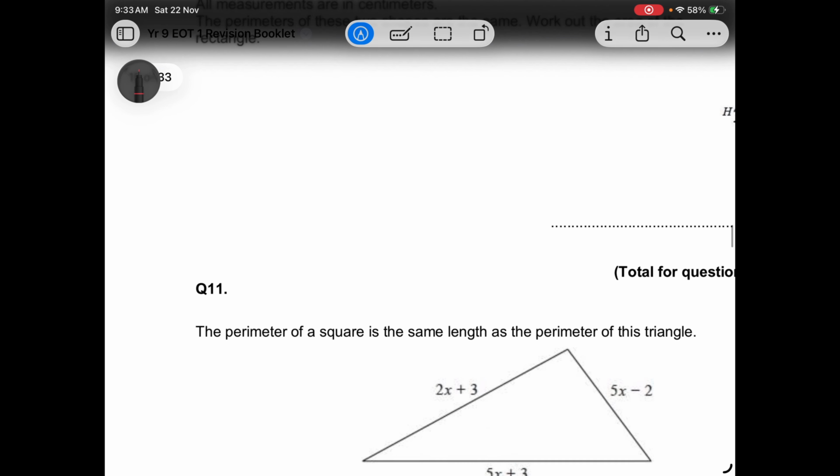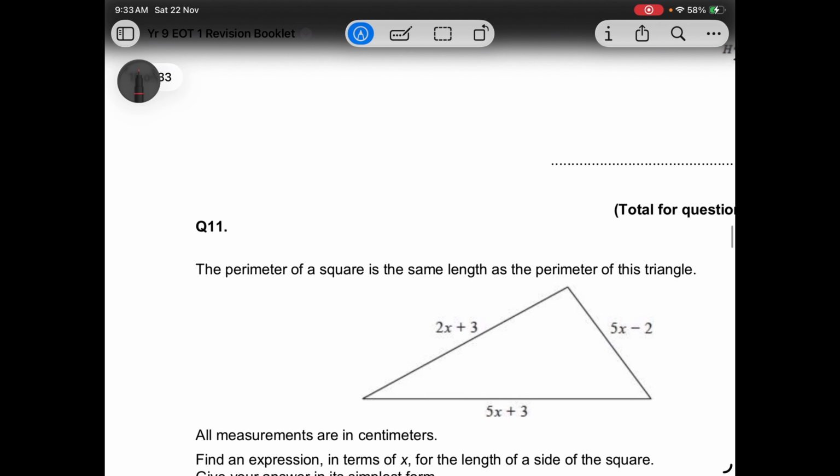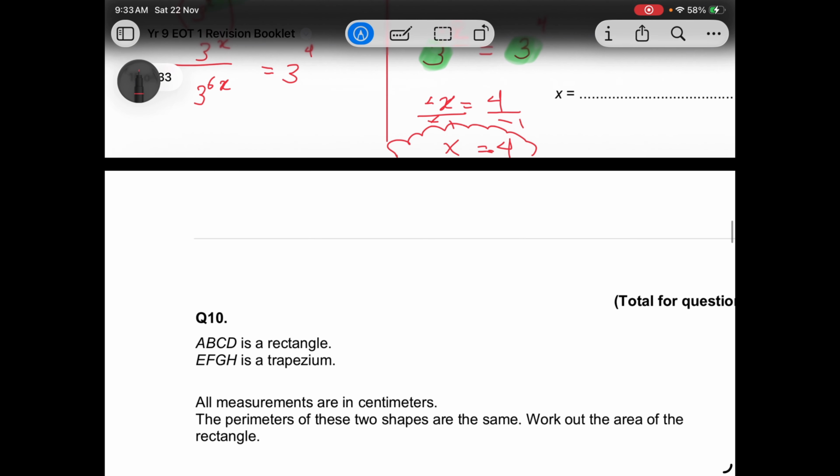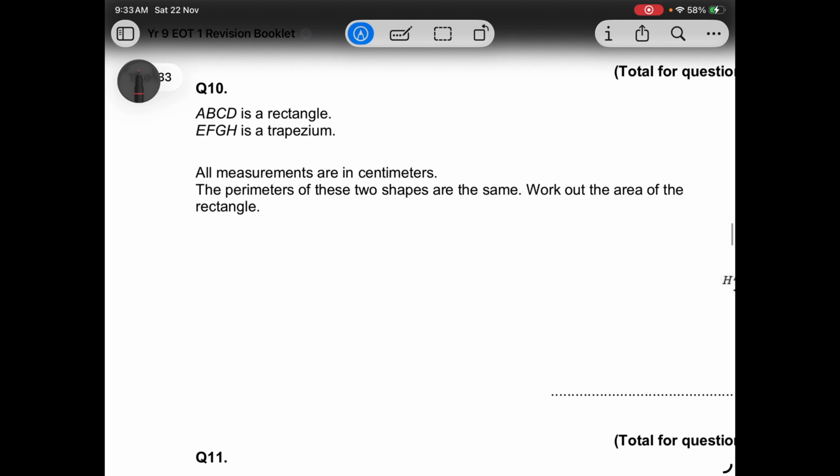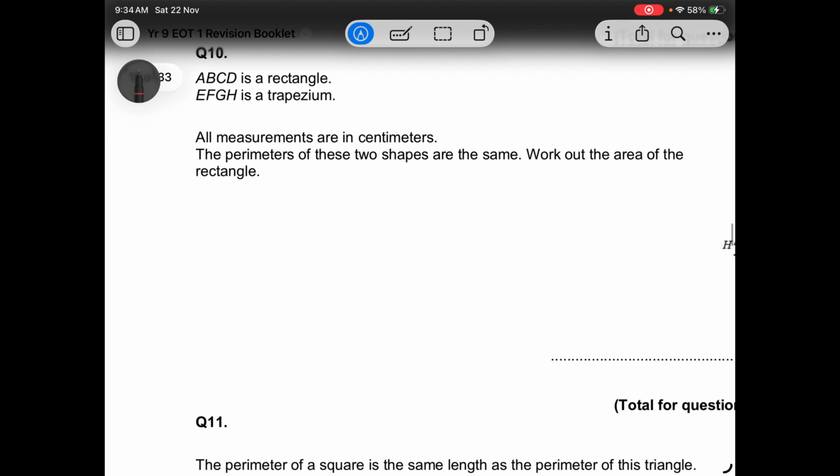Okay, guys, here we have this problem, and they told us that ABCD is a rectangle, where EFGH is a trapezium, the same guy called trapezoid in American English.